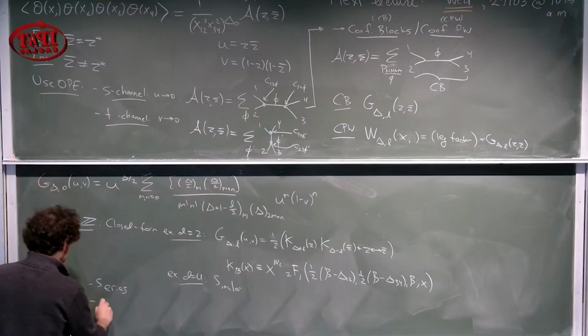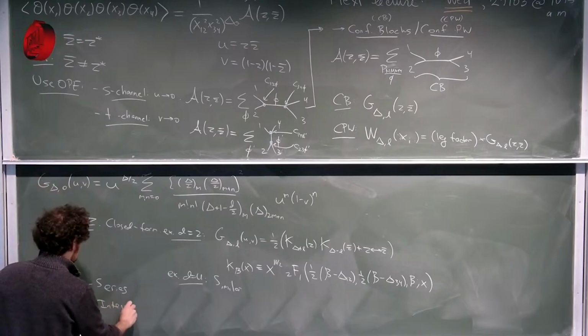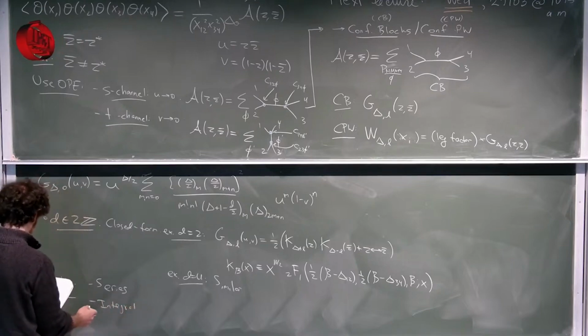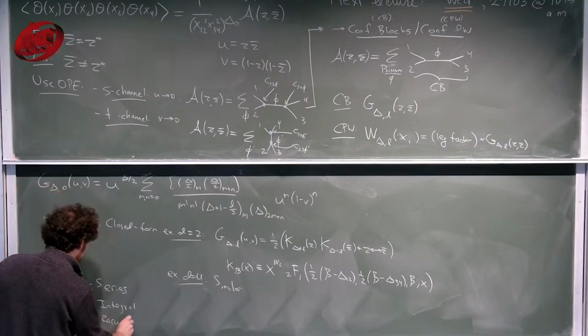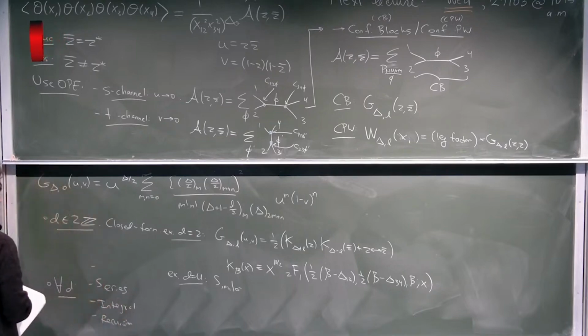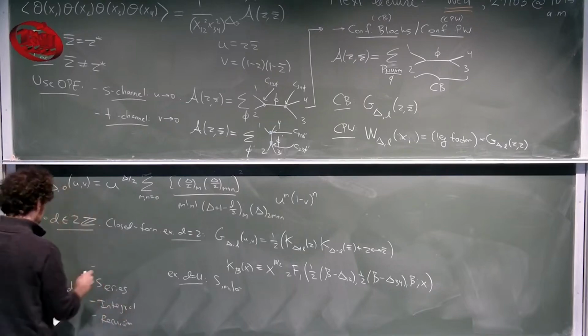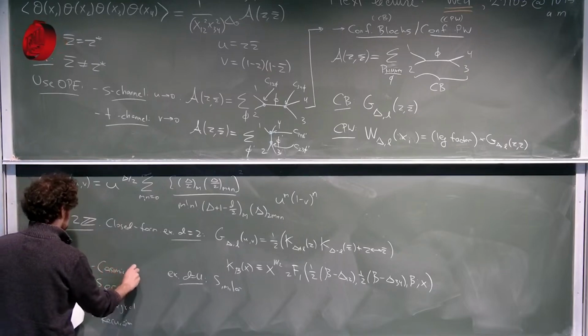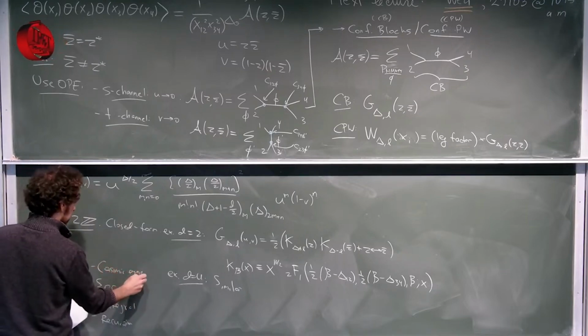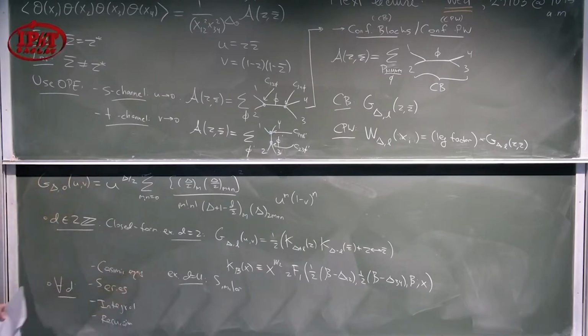There are integral representations, there are recursion relations, and perhaps most physically, there are differential equations, so-called conformal Casimir equations, of which the conformal partial waves are solutions.